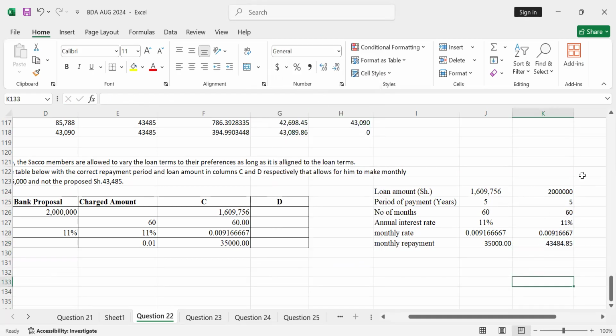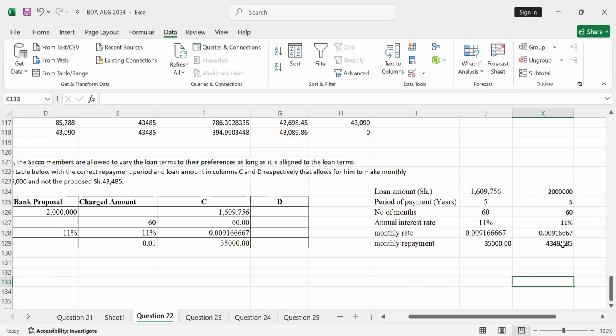Now, this is it. I also want to know how the months will change for each period, based on 35. So I will also go here, I click there. This is the data. So I go to What-if Analysis, Goal Seek.